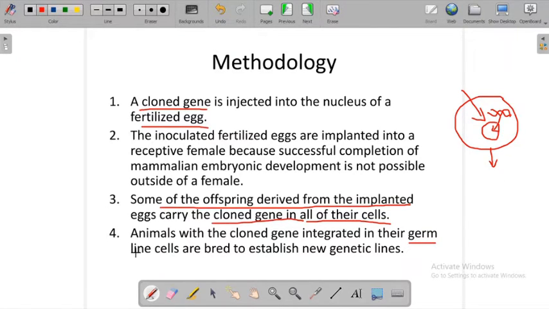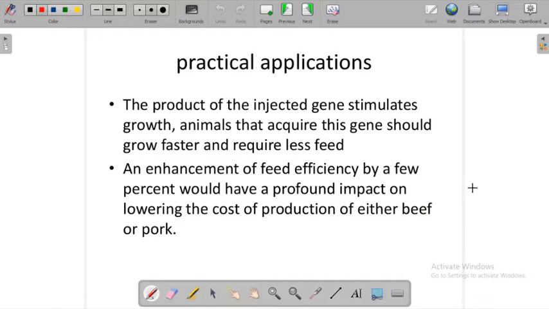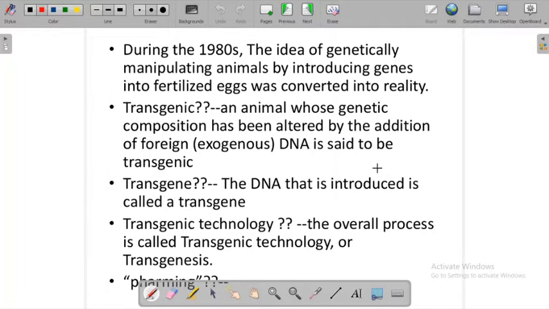Animals with the clone gene integrated in the germline cells are bred to establish new genetic lines, and that's what we call transgenic animals. There are so many applications. We'll come back to that after our techniques. So we'll see the different terms that are useful in transgenic animals.